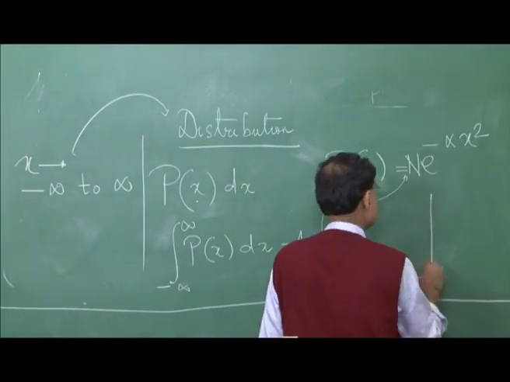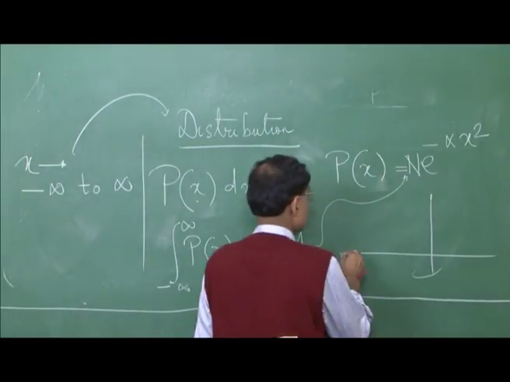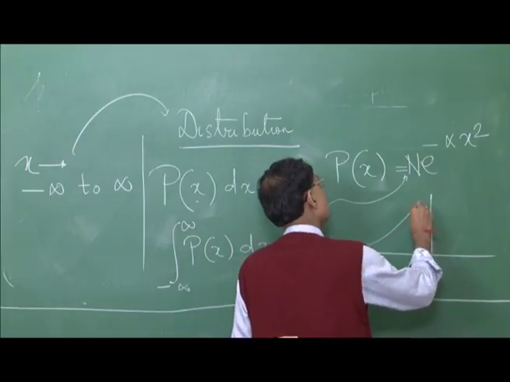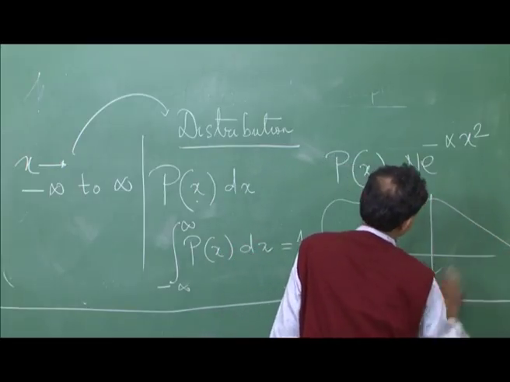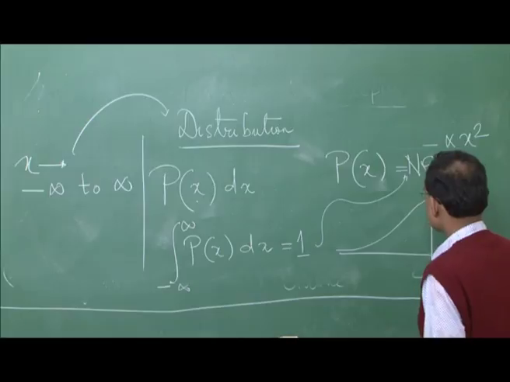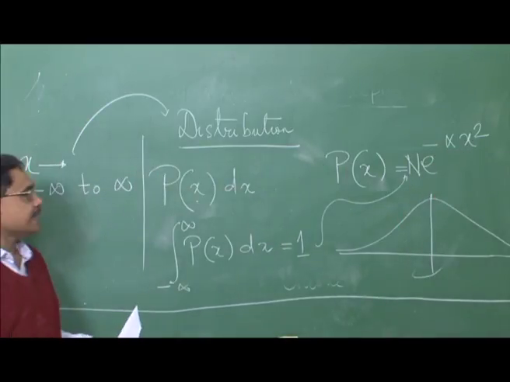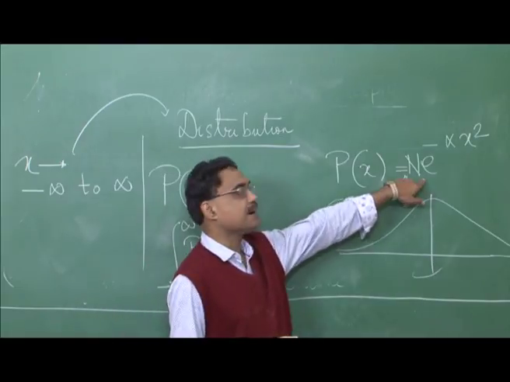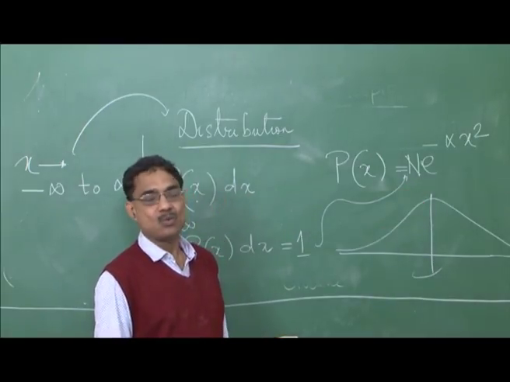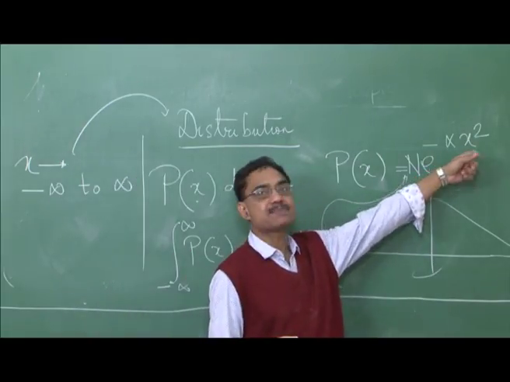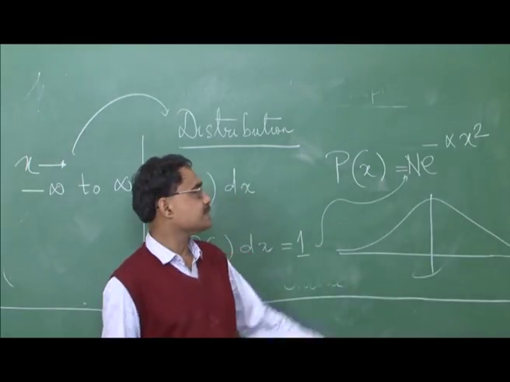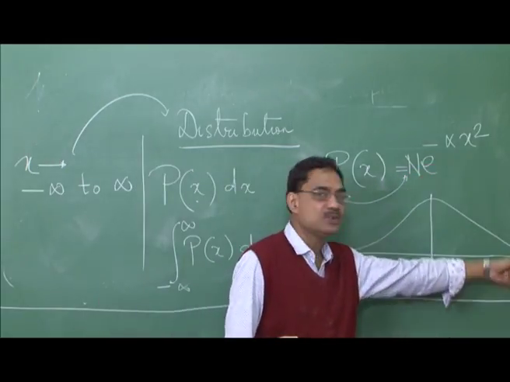If you plot this function, this is called a typical Gaussian function, which goes like this. Now, look at this function. If you ask me what is the probability at x equal to 0, that is given by this number n. What is the probability of getting x at plus infinity? You can see it is exponentially small, it is actually 0.